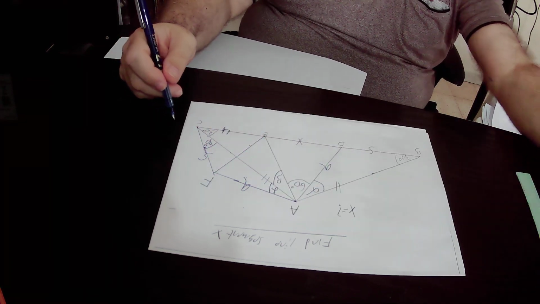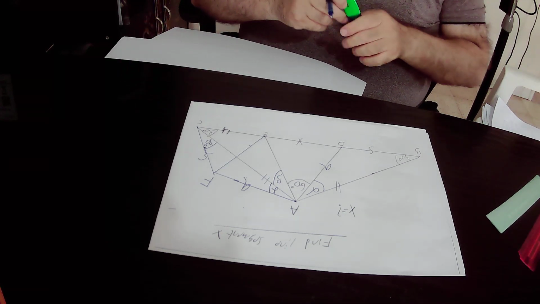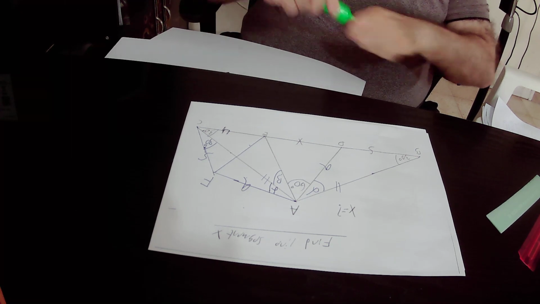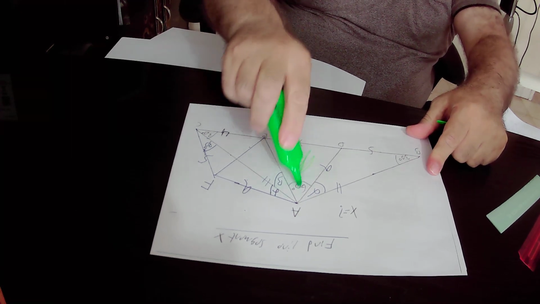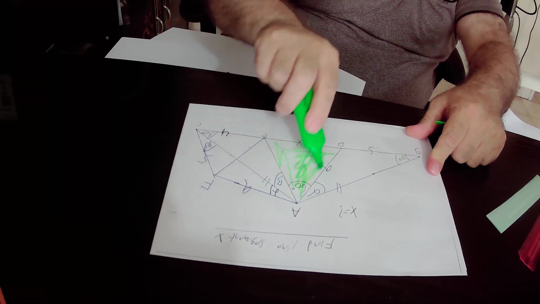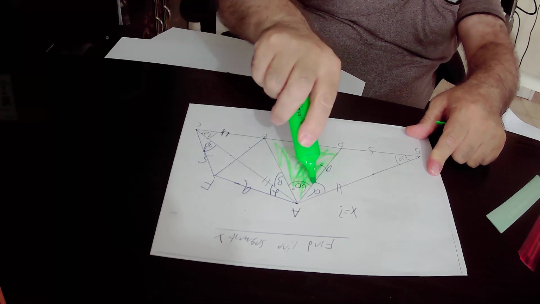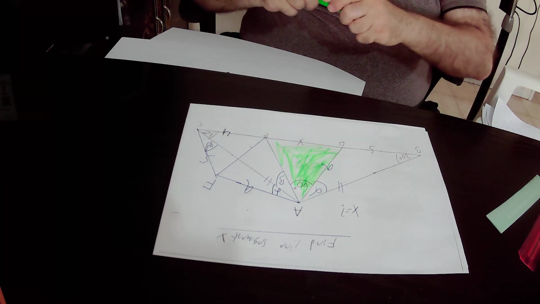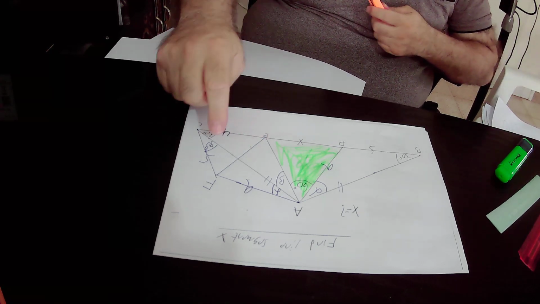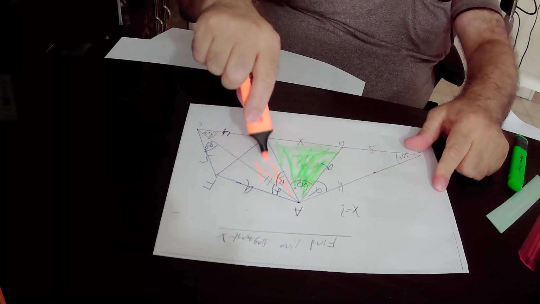And we will prove that the green triangle, triangle ADE, is congruent to the orange triangle, triangle AEF.